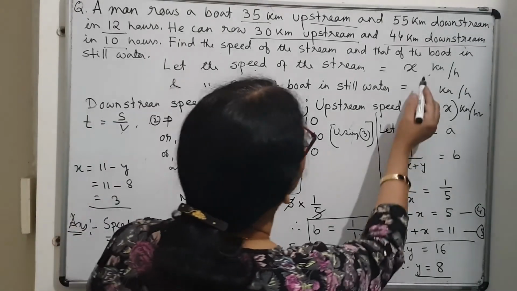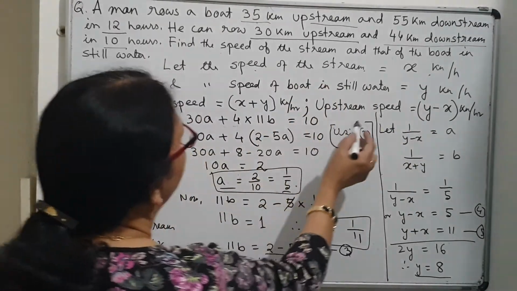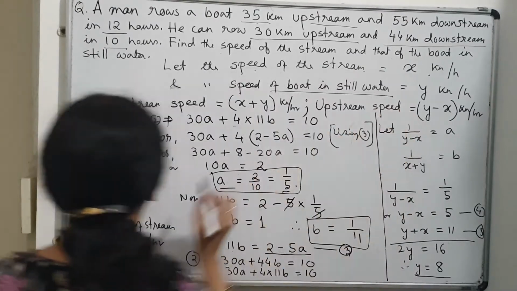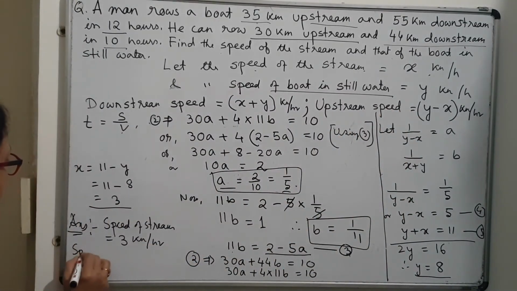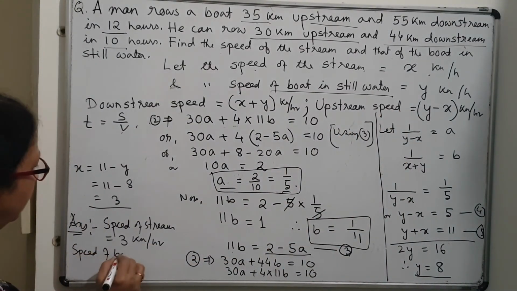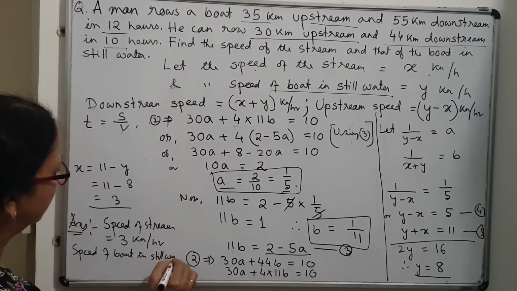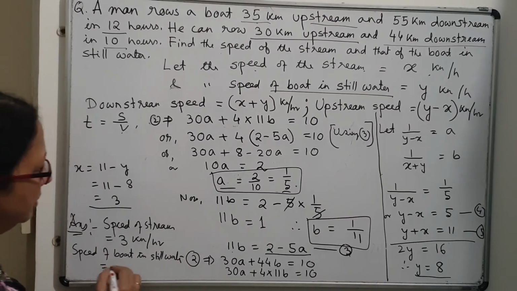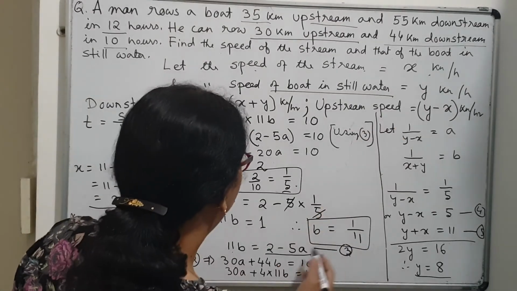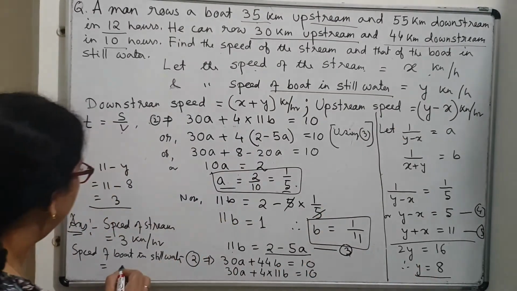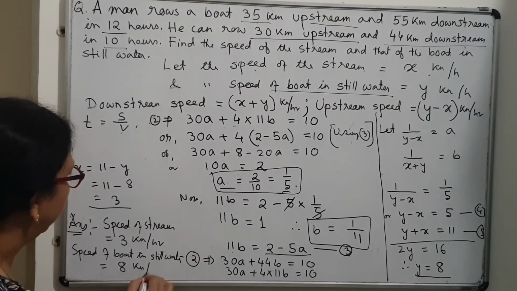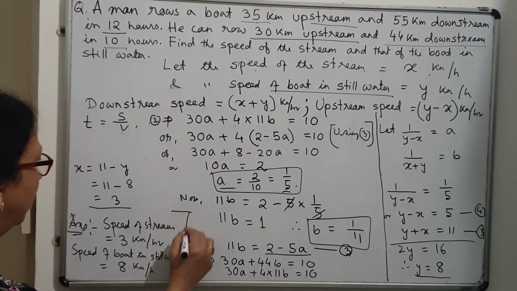And next, what was y? y was speed of boat in still water. So speed of boat in still water, I have taken y, so value of y is 8 kilometer per hour. So this is the answer.